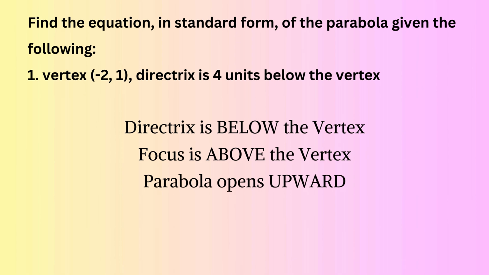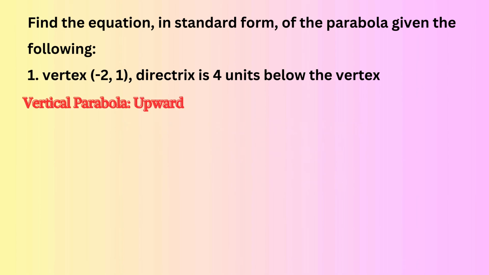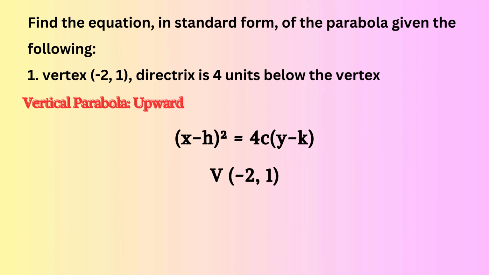Since our parabola's orientation is vertical, then we will be using the equation (x minus h) squared equals 4c times (y minus k). Using this equation, we can substitute the given vertex by denoting the x-coordinate as h and the y-coordinate as k.